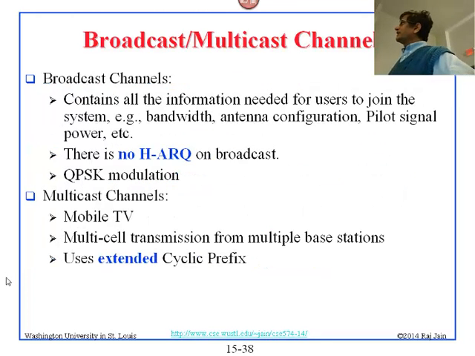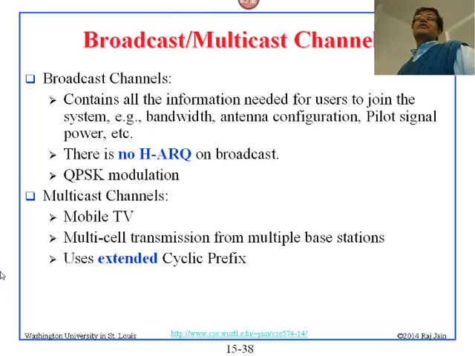Now broadcast and multicast. So broadcast channels carry basically all the information to join the system. So one of the broadcast channels is just the announcement. It's not TV. It's just the announcement that this is AT&T network. Okay. So it contains all the information needed for the users to join the system, e.g. bandwidth, antenna configuration, pilot signal, power, etc. And there is no HARQ on the broadcast.